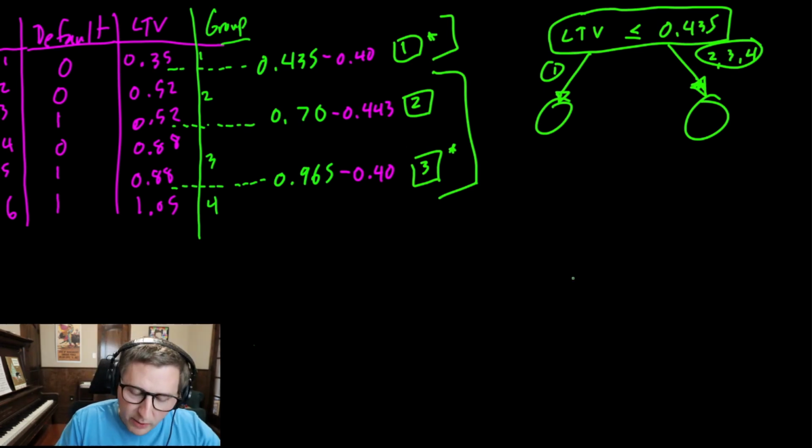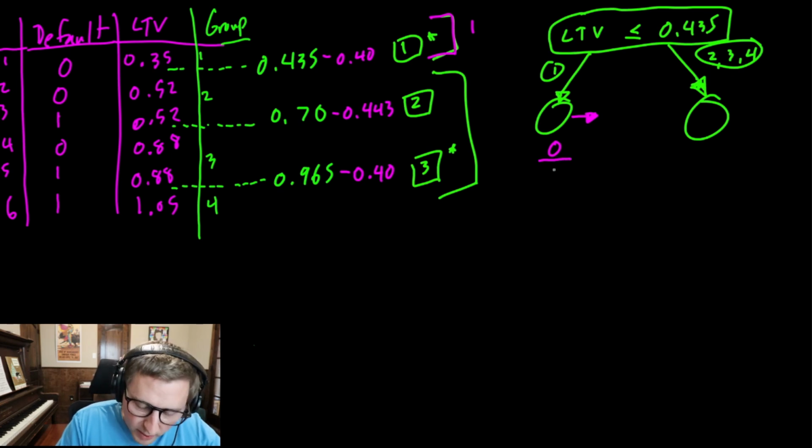But for this example, now we're going to calculate what is the prediction of leaf 1. Again, right, I told you this is the average of all the data points in that leaf. So in group 1 up here, we only have 1 data point and it's only the value of 0. So what you would do is say 0 divided by 1 data point, and this will give you a prediction of 0, right?